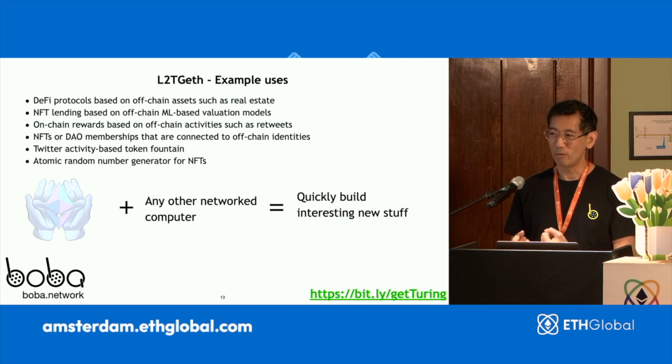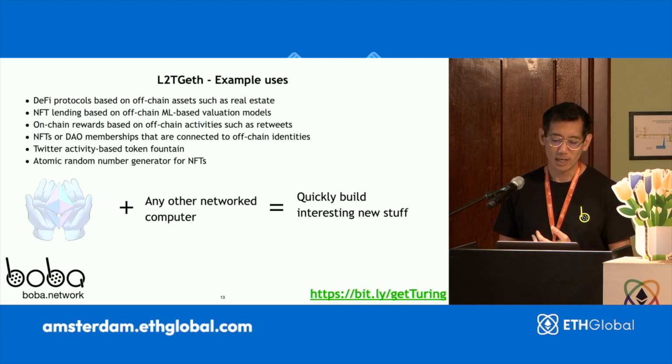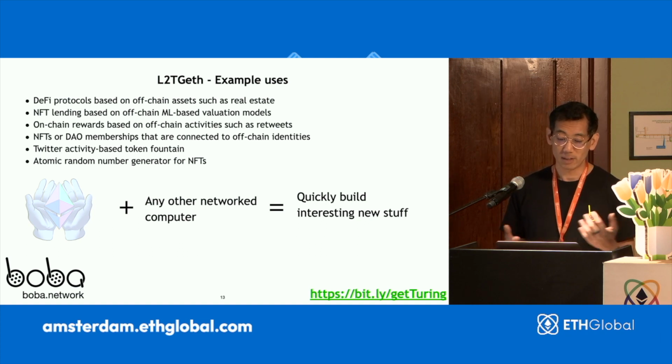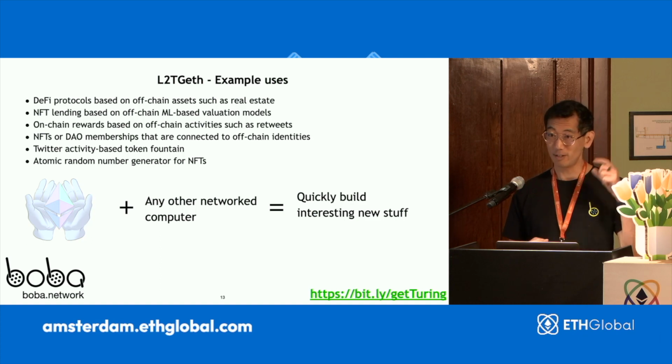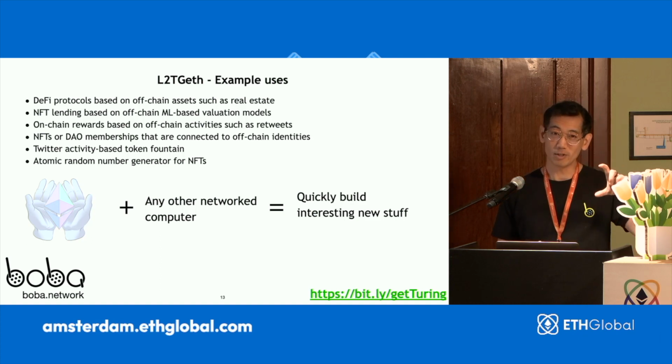You can now start pulling these real world assets into DeFi protocols. There's a team building on Boba creating an NFT lending protocol that uses an off-chain machine learning based valuation model to put a valuation on these NFTs so that they can figure out how much to lend against these collaterals.